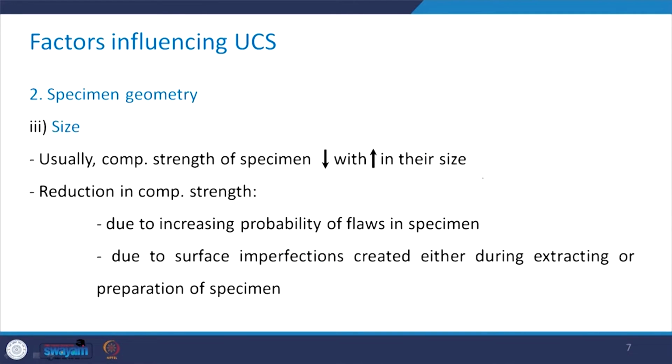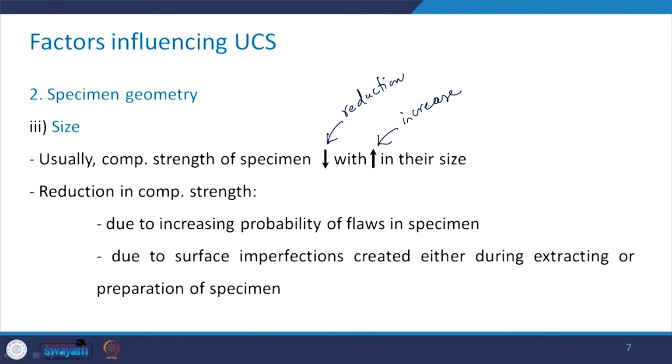Then the next is the size. In general, it has been seen that the compressive strength of the specimen reduces. This sign is for the reduction and this is for the increase. The compressive strength of a specimen reduces with increase in size. That can be because when you have a large specimen, there is going to be a larger probability of flaws in the specimen.